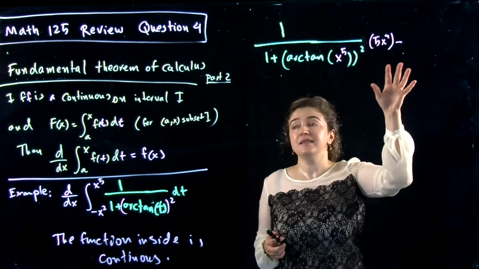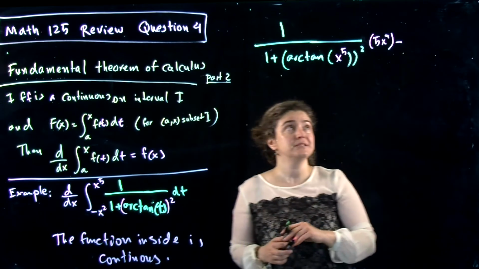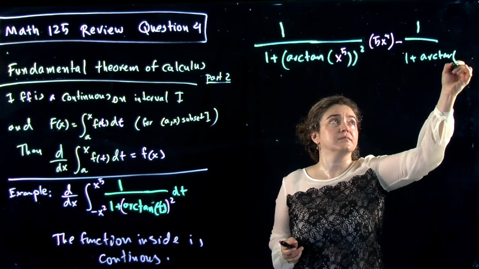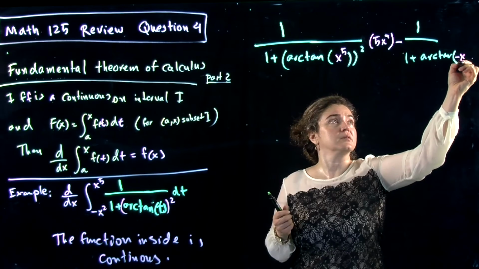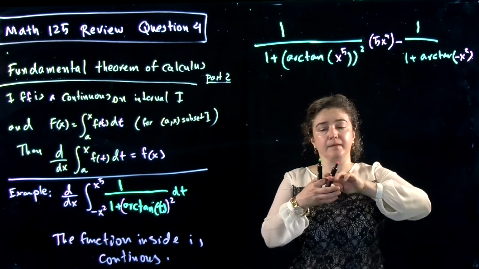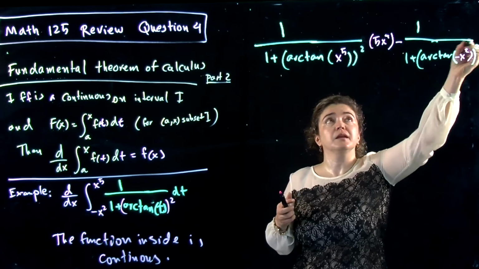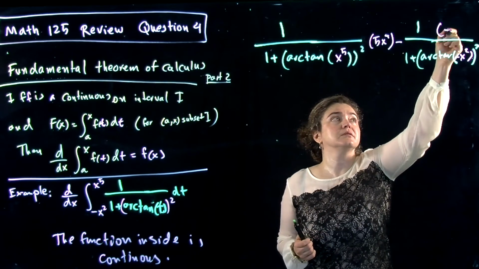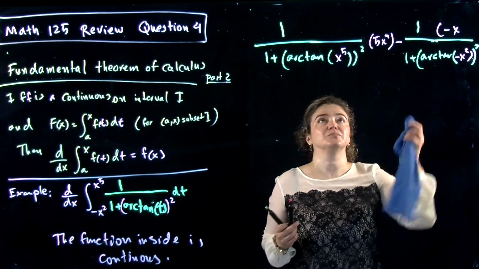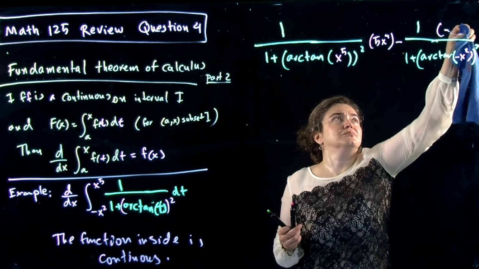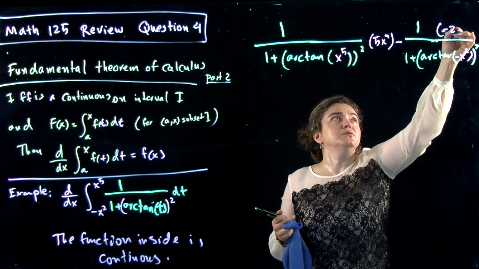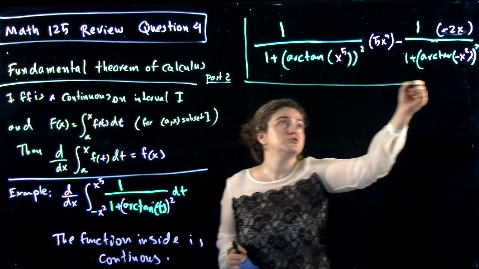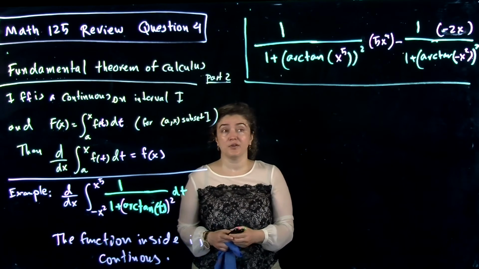Then I subtract, this time putting the lower bound in, then multiply by the derivative of the lower bound, negative 2x.